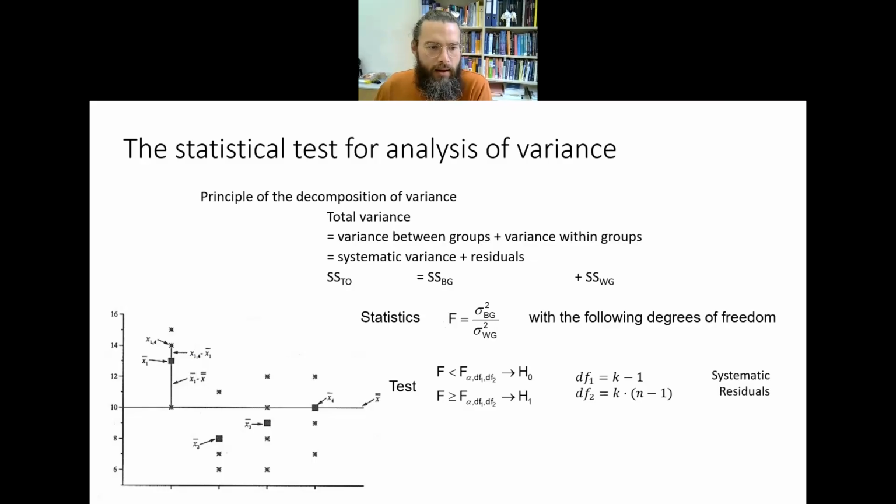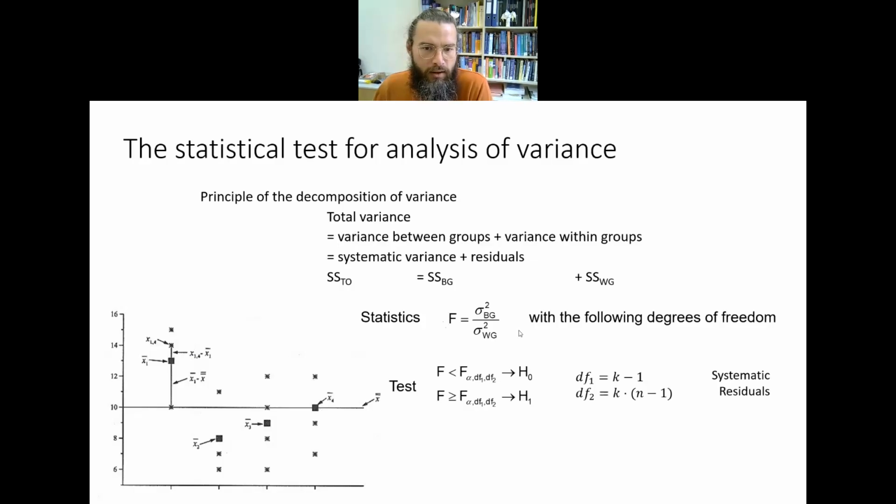And the question is: is that big enough to say that there is a difference between the groups, or is that just trivial? To understand that, you have to compare two values. One is the variability between the averages of the 4 different levels. This is the variance between groups.